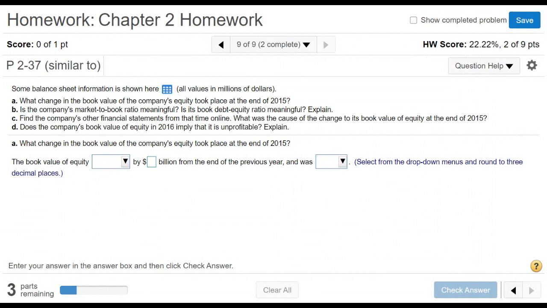If I have a positive number of 100 and a negative number of 200, what's my answer? -100. Okay.